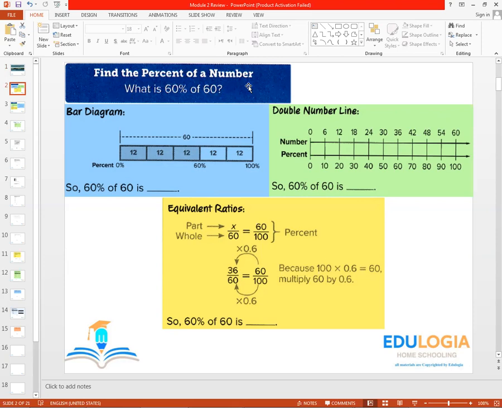Find the percent of a number. For example, what's 60% of 60? Here we go.